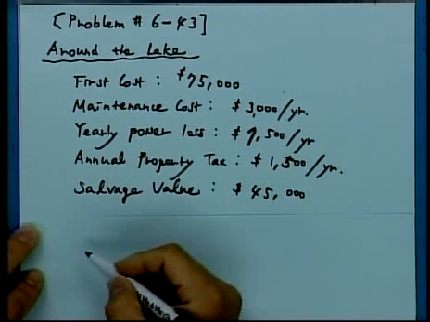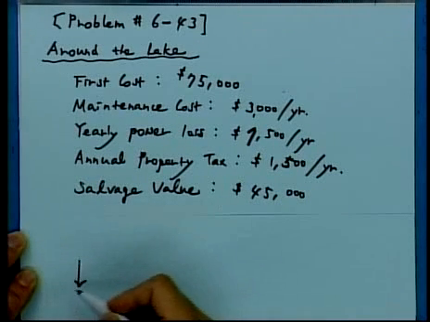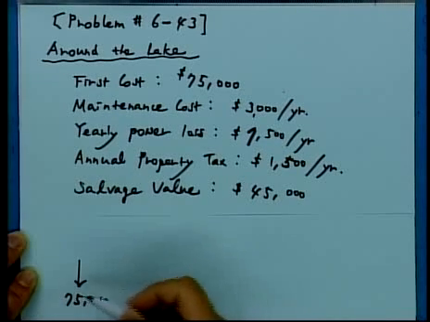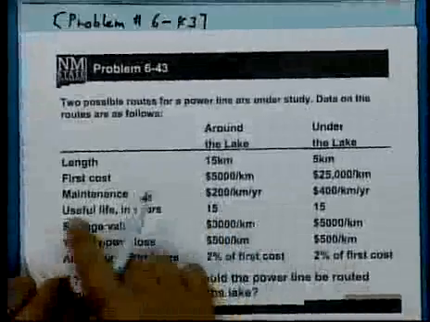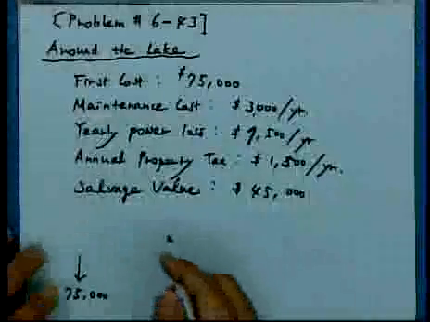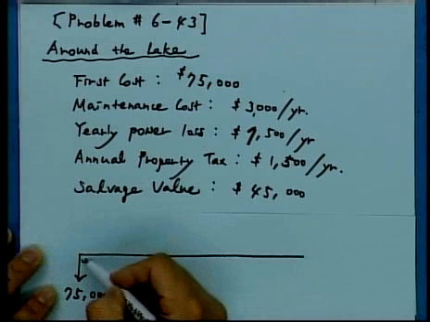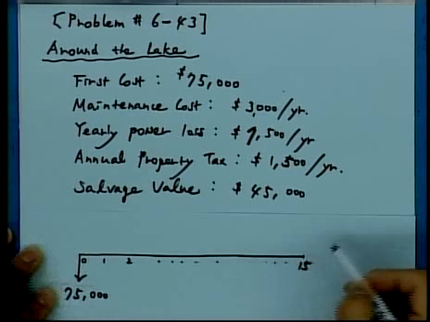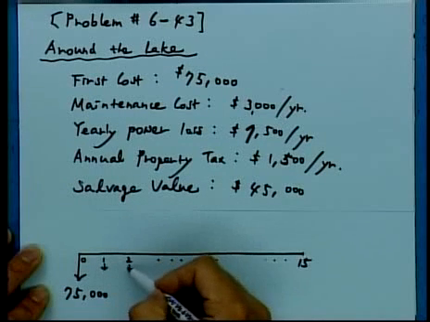So the first cost is $75,000, and over the next 15 years of useful life, zero, 1, 2 to 15, there is an annual cost of how much?